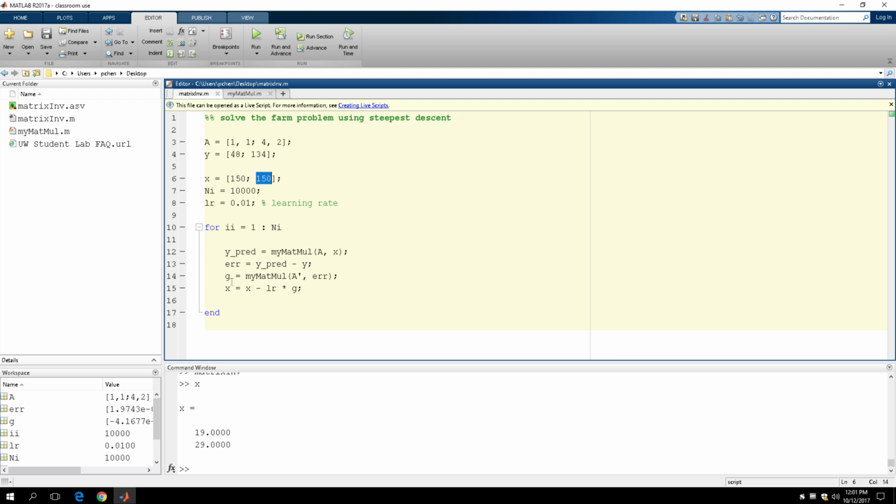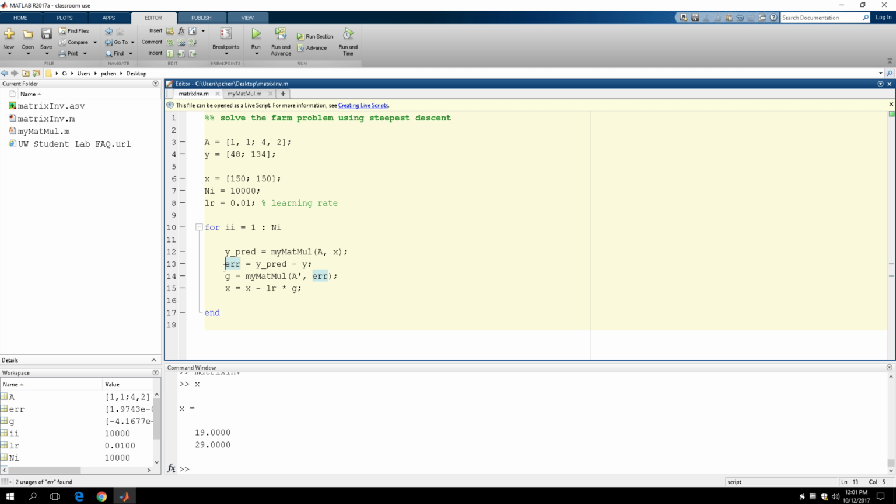So you compute the gradient by doing this A transpose multiplied with the error vector, right? And what is the derivative telling you? The derivative is basically telling you how you should change the independent variable x so that your objective function becomes smaller, right? That's something that's going to take a while to explain.